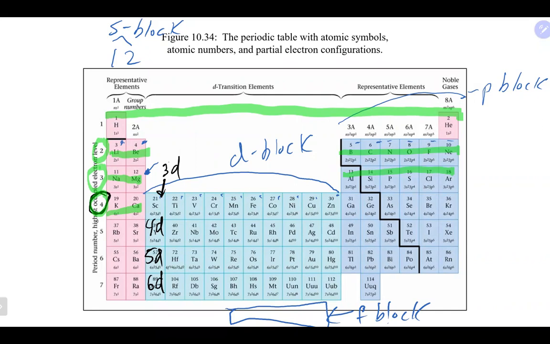But if you pay attention and understand that, we could go down to the nickel we just did. So we had our 1s2, 2s2, 2p6, 3s2, 3p6, 4s2. And at this point, you could go 3d, 1, 2, 3, 4, 5, 6, 7, and 8. And just count out the boxes, and you can get your electron configuration.